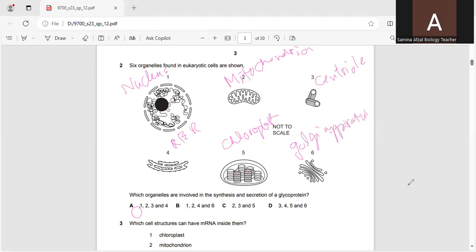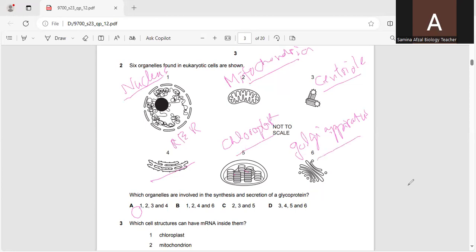Number 1, the nucleus, is involved in transcription. Mitochondria is involved in energy production. Centriole is involved in cell division. Rough endoplasmic reticulum has ribosomes on it, which are involved in protein synthesis, and chloroplast is involved in the manufacture of carbohydrates.